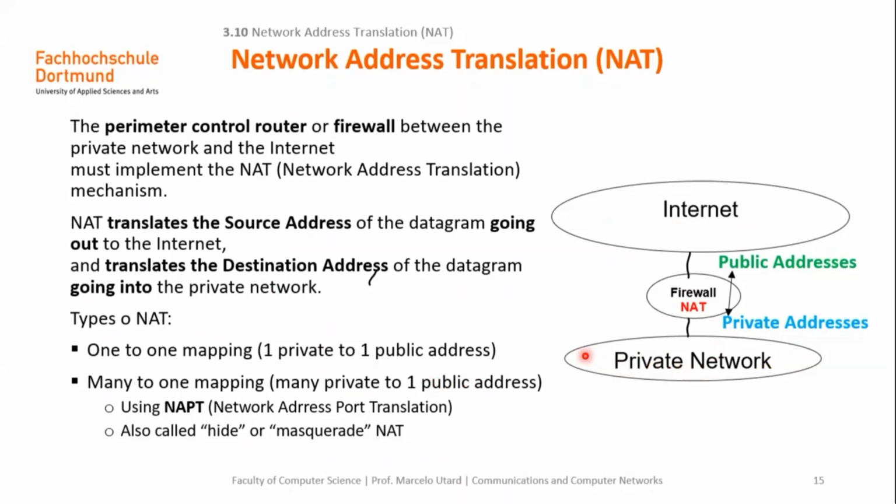But when those hosts send a datagram to the internet, the private source address will be translated to the same public address, which typically is the external public interface of the firewall or router that connects the private network to the internet.